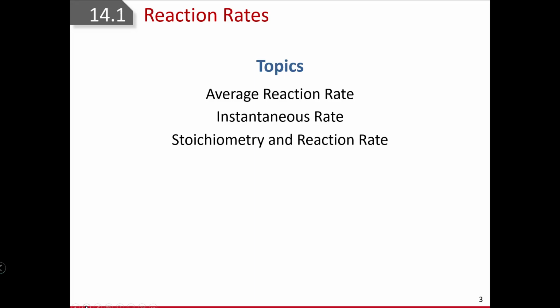And the difference between average rate and instantaneous rate, you already probably know this. It's like if I'm driving from Lexington, Kentucky to Louisville. So I have a rate.